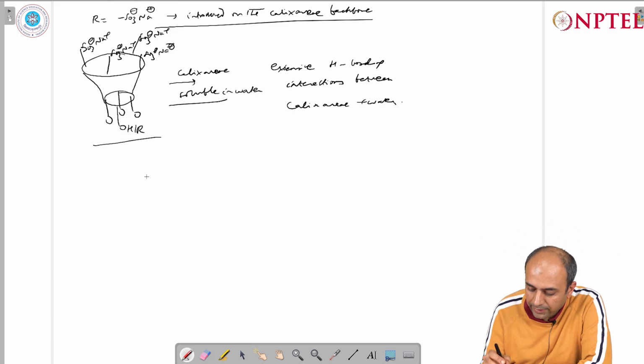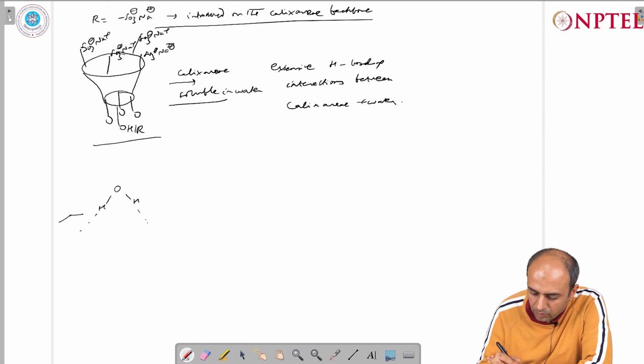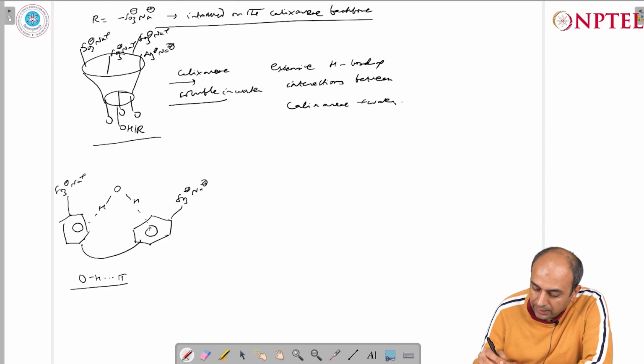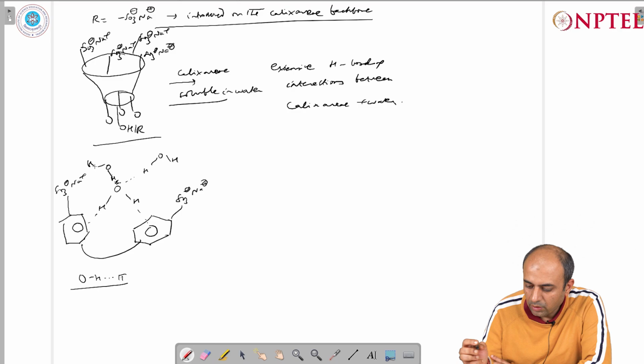And what has been observed is that when you have these calixarene moieties, there exists hydrogen bonding, that is OH pi, between the water molecules and the pi surface of the calixarene, but these water molecules in turn are also hydrogen bonded further with this water molecule.